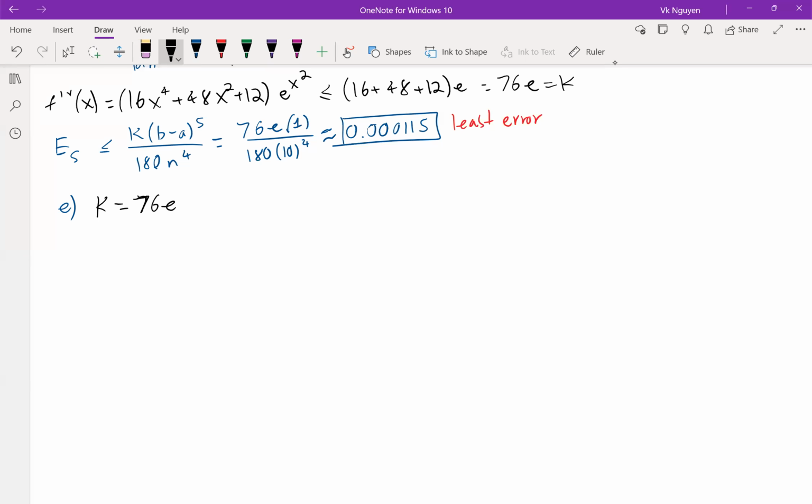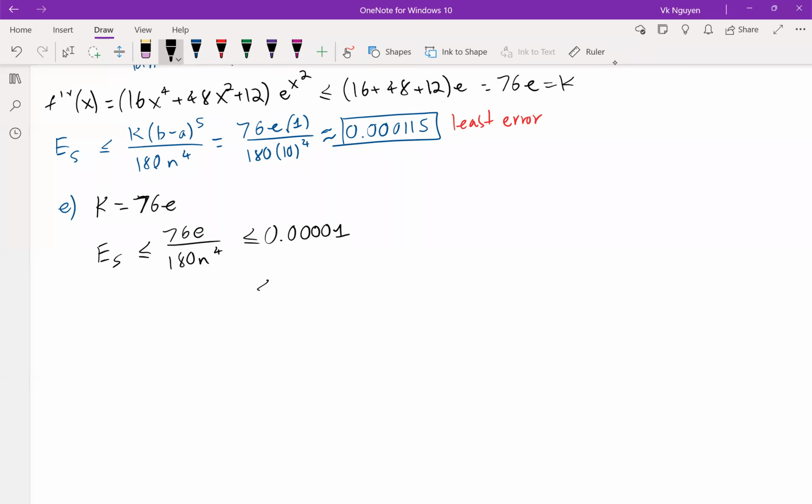Now use the formula E_S less than or equal to 76e over 180n to the 4. This is at maximum 0.0001.